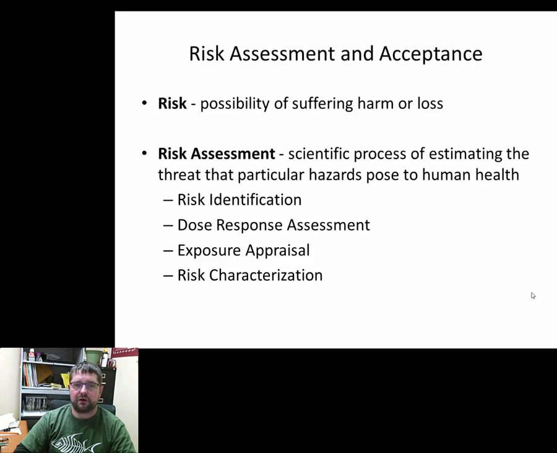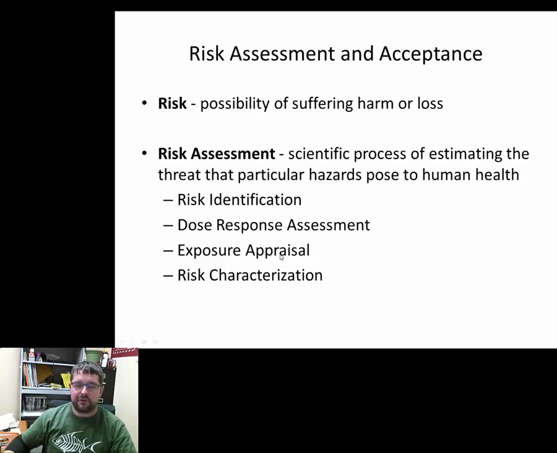If a team is doing a true risk assessment, they're going to first identify what the risk is, and then identify what kind of response we should have to that risk. Is this a dosage risk assessment, so how much toxicity or pollutants is there? Or is it a risk of bodily harm, like running a chainsaw?